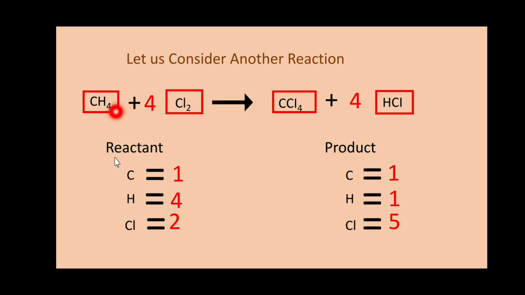Then hydrogen: 4 atoms of hydrogen are there on both sides, and finally 8 atoms of chlorine are present on both sides. Now we can say the equation is completely balanced. Dear student, this is how we can balance the chemical equation.